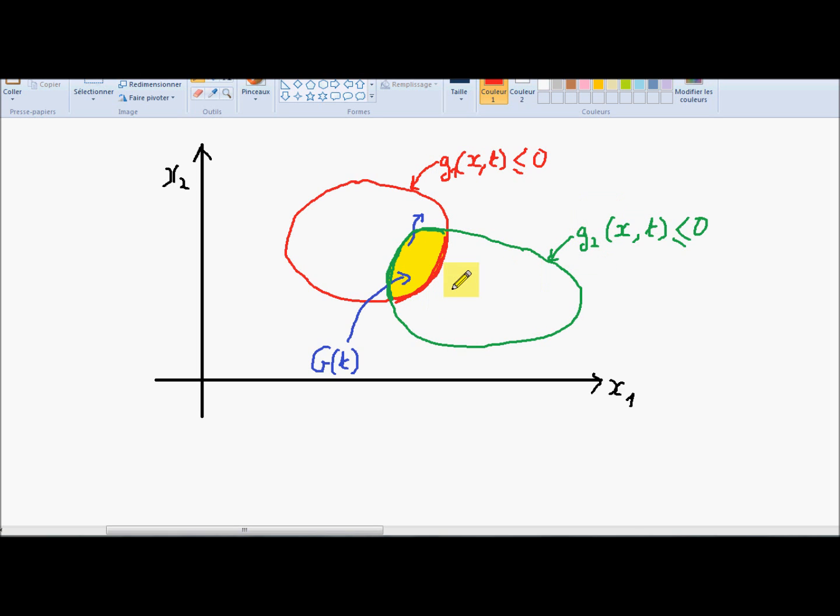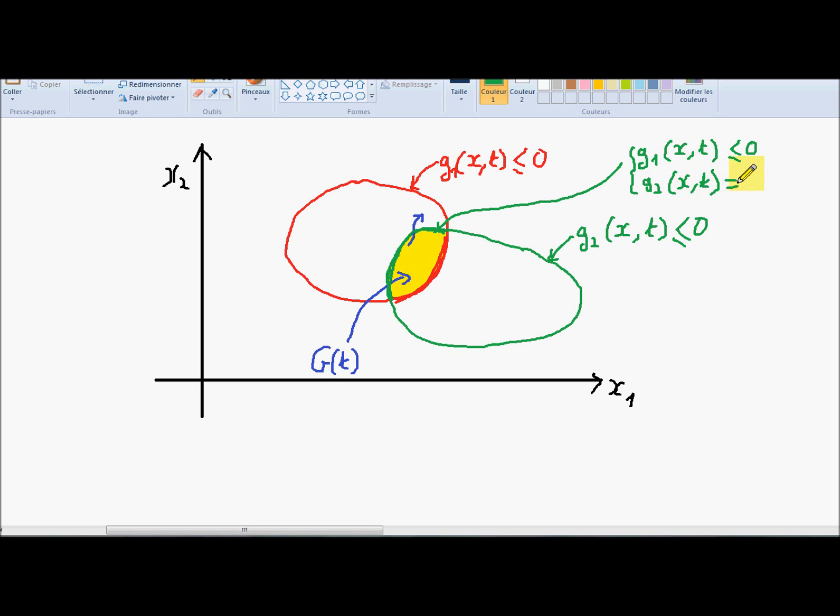So this part here can be described by J1 of x and t smaller than 0, and J2 of x and t equals 0.